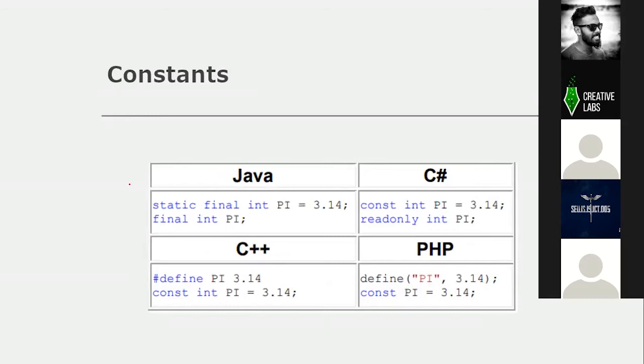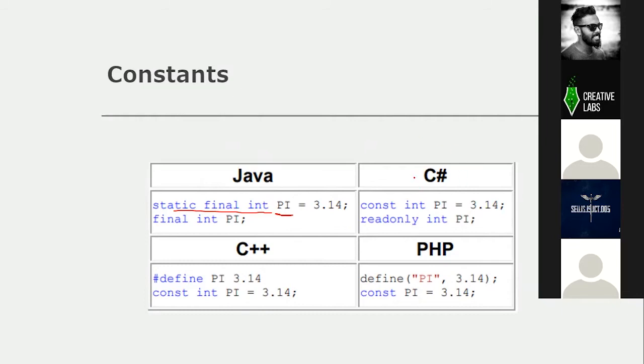In Java, usually we do something like this: static final int pi, or else final int pi. If you provide this, we cannot change this pi variable. That means you cannot provide a new value to this pi variable, so the compiler will throw an error.